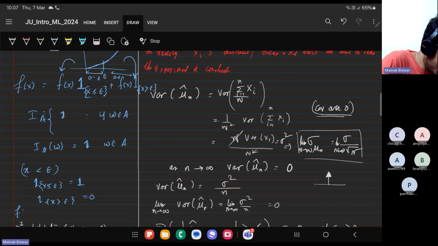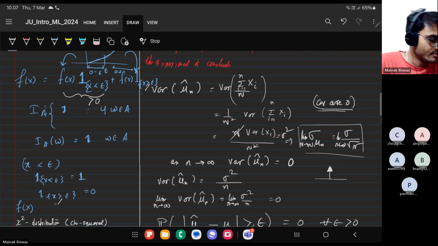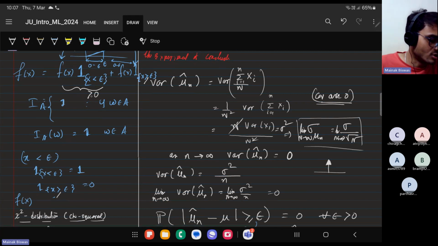So do you also agree that I can write f of x as, again, all these terms are greater than or equal to 0, right? Let me write this as greater than, just for convenience. I can drop this term or not? This is greater than or equal to 0. Yes or no?